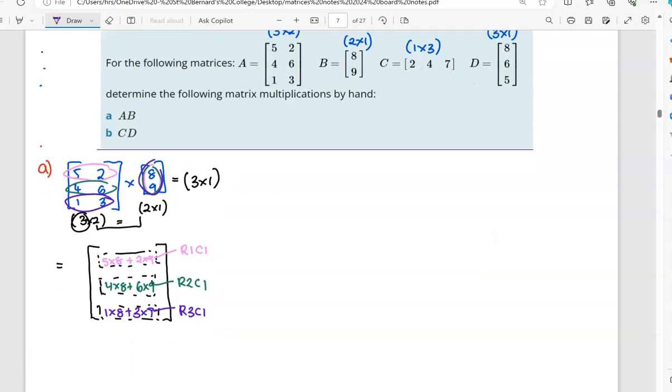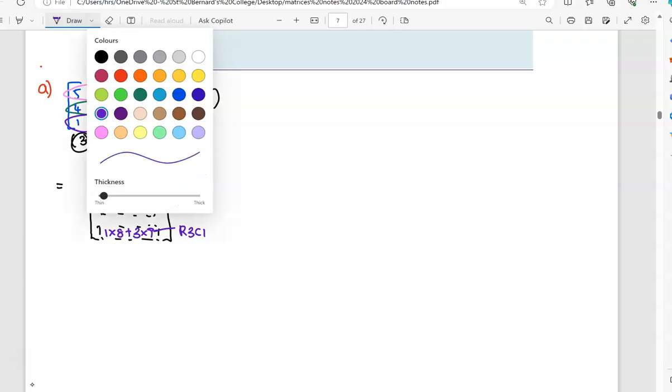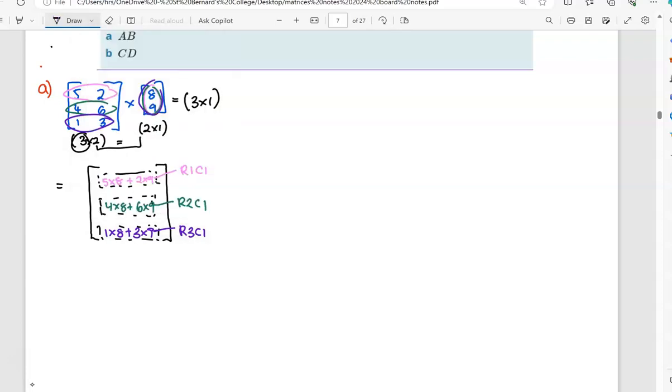So if I kept tidying that up, I'm just going to do those multiplications. So 5 times 8 is 40, plus 2 times 9, which is 18. Then 4 times 8 is 32, plus 6 times 9, which is 54.